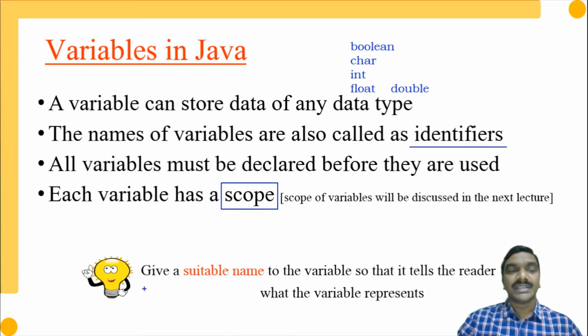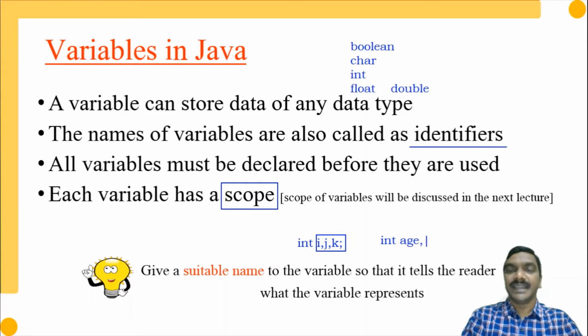And an important thing we need to consider is that we should give a suitable name to the variable, so that it tells the reader what the variable represents. For example, generally what we do, we write like this: int i, j, k, right? So rather than giving names like this, i, j, k, it is better for us to give some meaningful names.